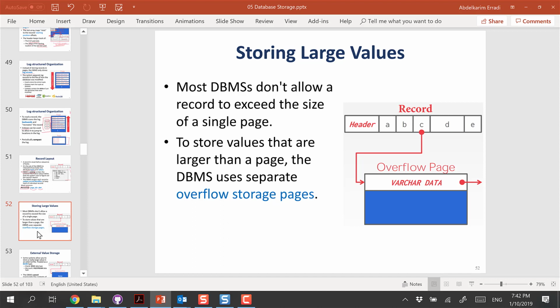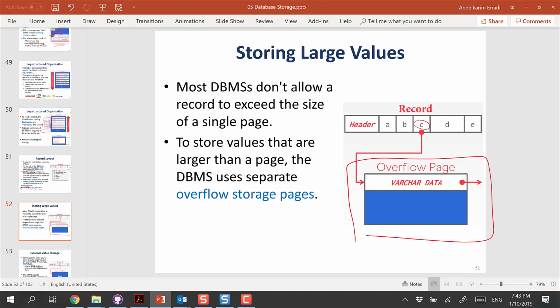How does the database deal with the situation? So it will create an overflow page. And the value of that particular column will be pointed to another page. And that overflow page, if the content is too long, you can have other linked overflow pages.